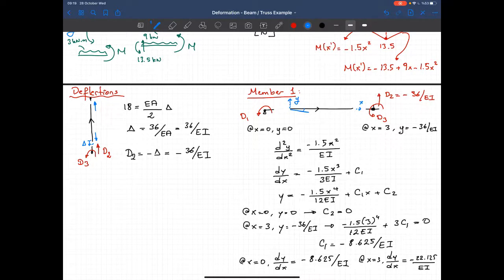The magnitude of that rotation is 8.625 divided by EI. And we know that this point moved in the downward direction. The magnitude is 36 over EI, okay? And the slope is again in the clockwise direction, but it is larger. So let's draw it in an exaggerated way. And the magnitude is 22.125 divided by EI. So the deformed shape of that member will look like this.